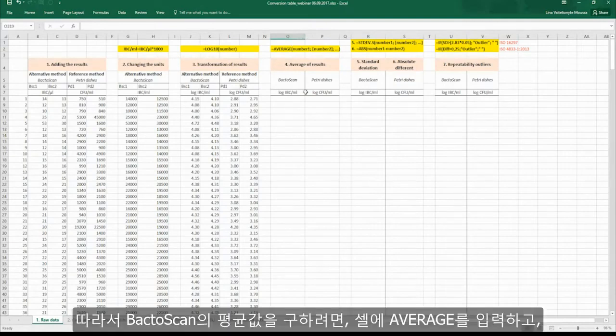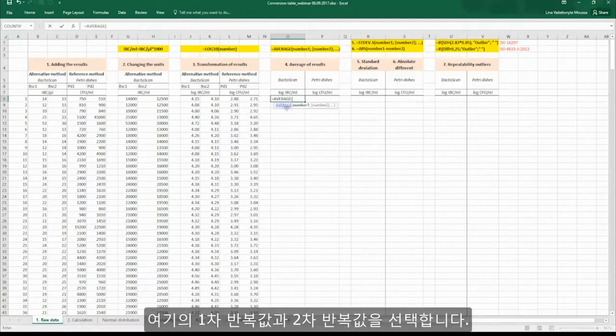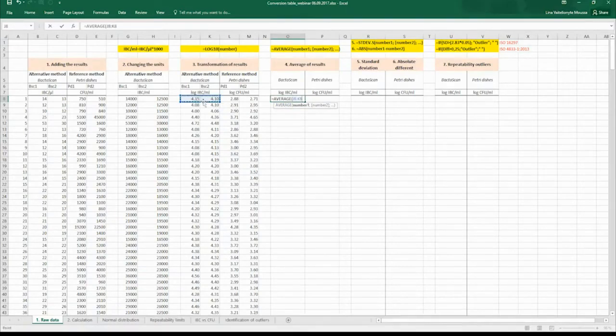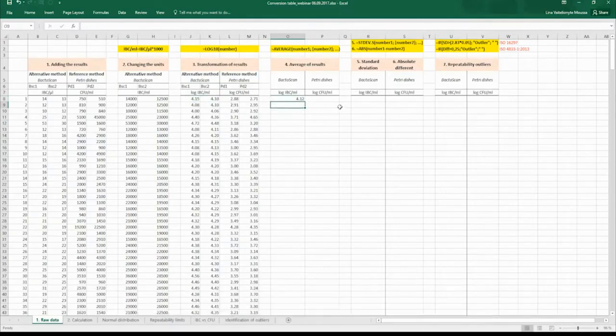To calculate a mean value for the first sample from BactoScan, type average and choose the two data, first replicate and second replicate from the first sample BactoScan logarithmic IBC per milliliter.